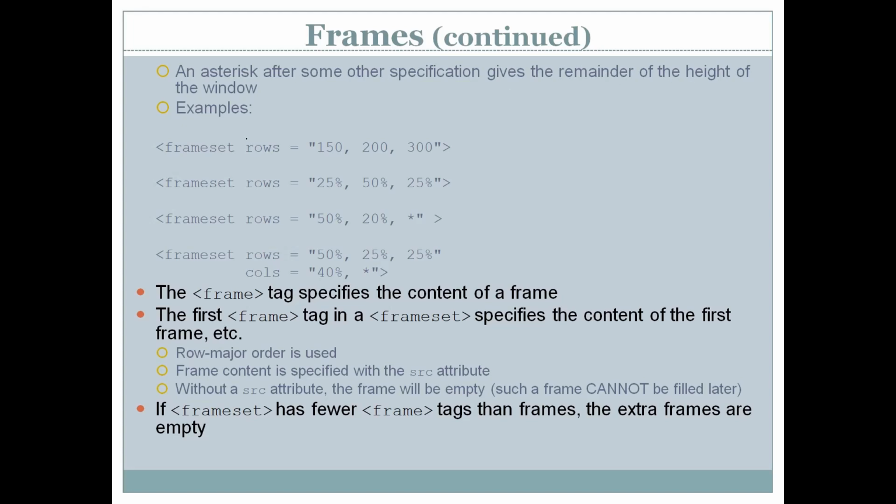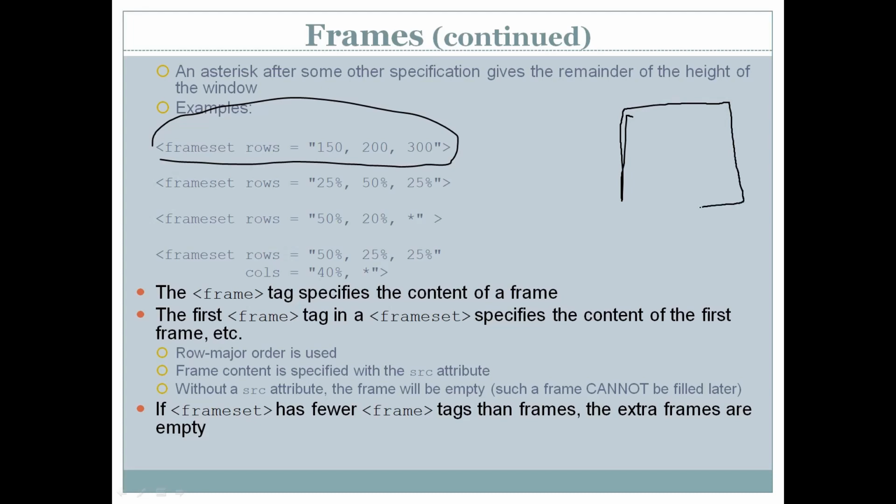Now, for example, if I use a frameset like this, if this is my window, this window is divided into 3 rows. You can see frameset rows equal to 150, 200, 300. It means we are dividing this complete window into 3 sections.